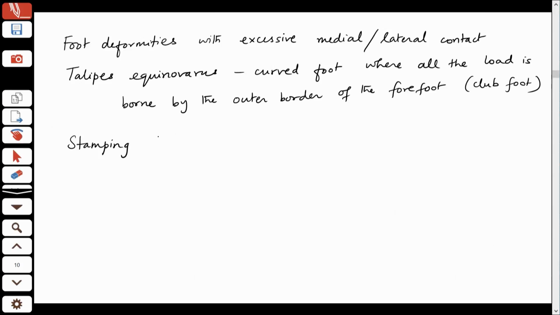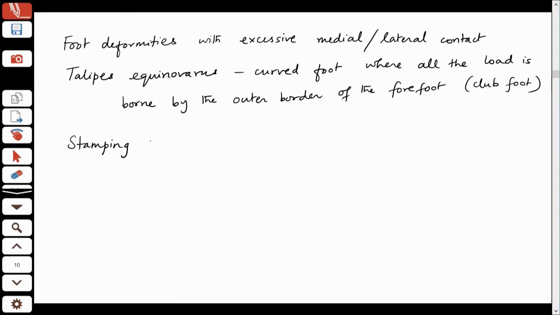Since the sensory perception is missing, you need some other kind of feedback to let you know that contact has been made. So, this is walking with forcible steps.